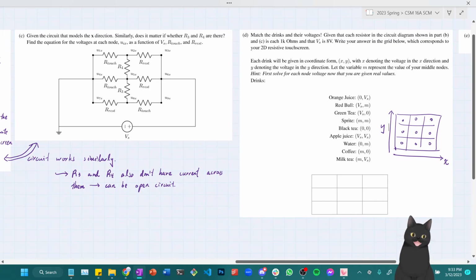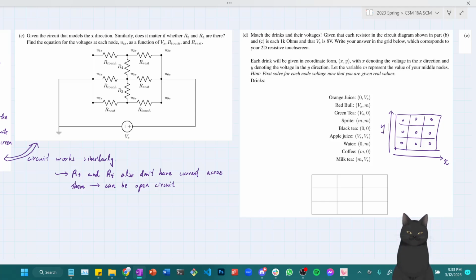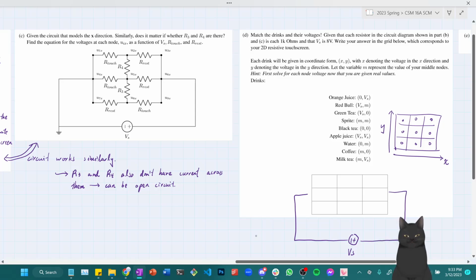So first of all, I know that the x direction and the y direction of the resistor touchscreen work like this, where there is a voltage source linked to the entire panel, and this is the x direction, which is horizontal.